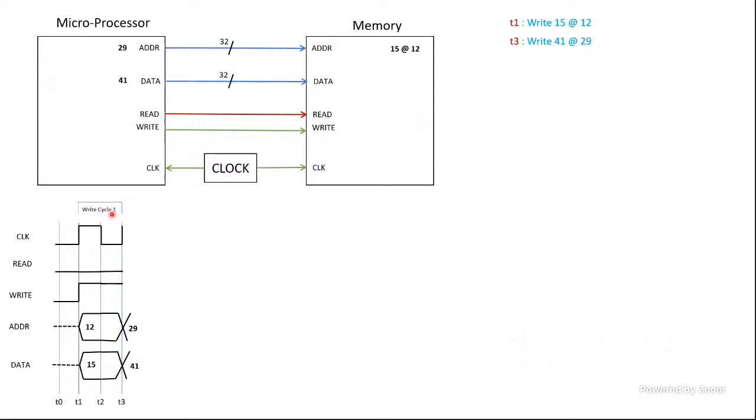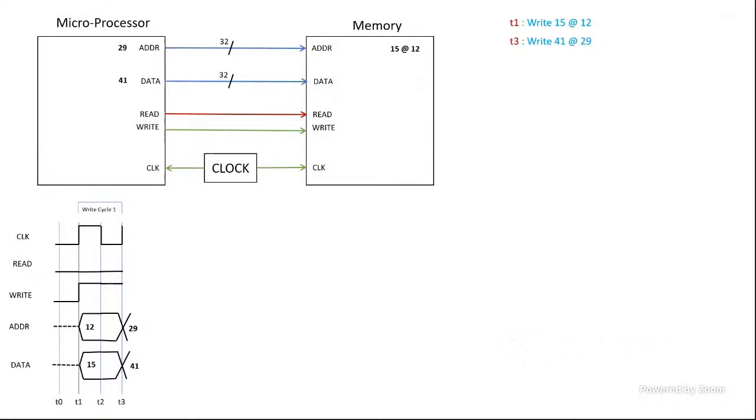So that's write cycle 1. And at this point, T3, the microprocessor wants to do another write, 41 to address 29. It keeps the write signal on, the read signal off, and sends a bit pattern that represents 29 and a data bit pattern that represents 41.